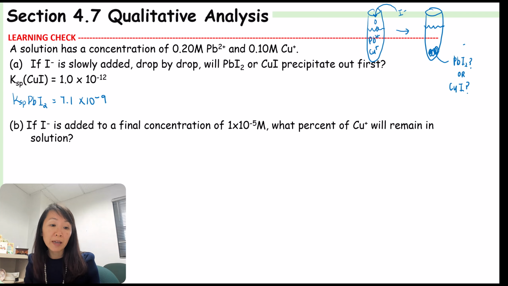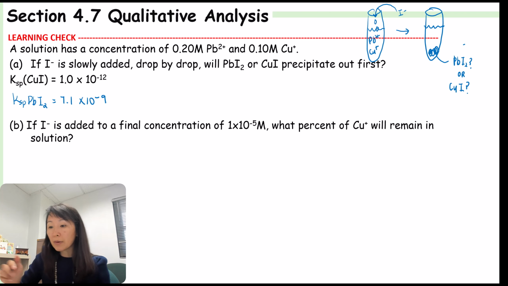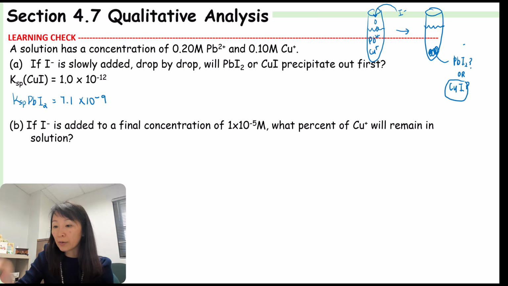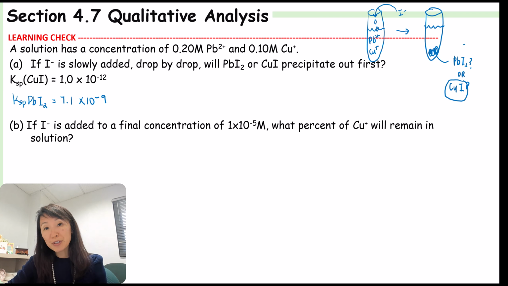They'd rather be in the solid. Then your lead iodide will come out next. So here, the answer to the question at hand is copper iodide will precipitate out first. And again, you just compare the Ksp value, and whichever has the lower Ksp value, which is in this case copper iodide, is the one that's going to precipitate out first. And that's the easy part.